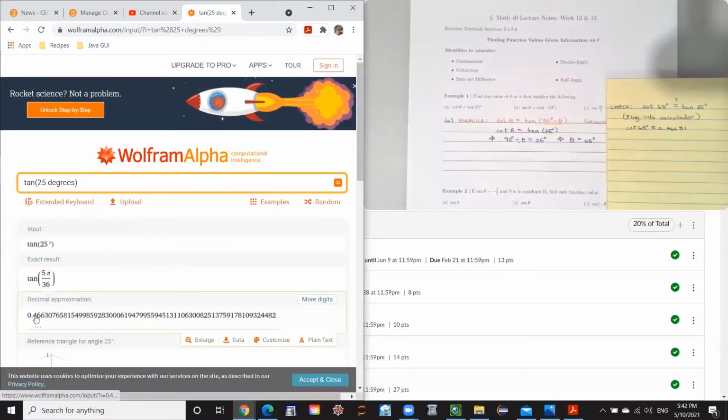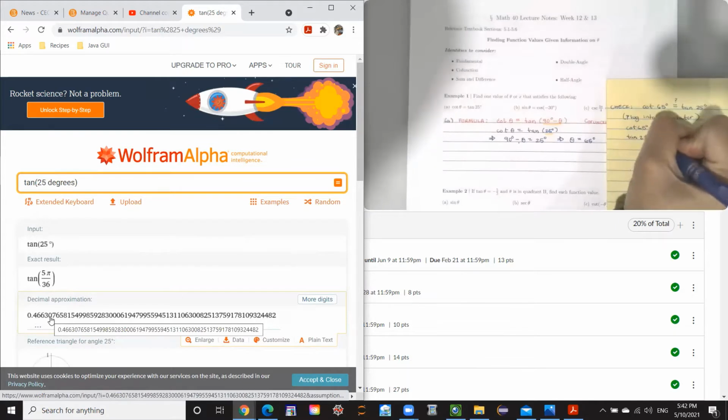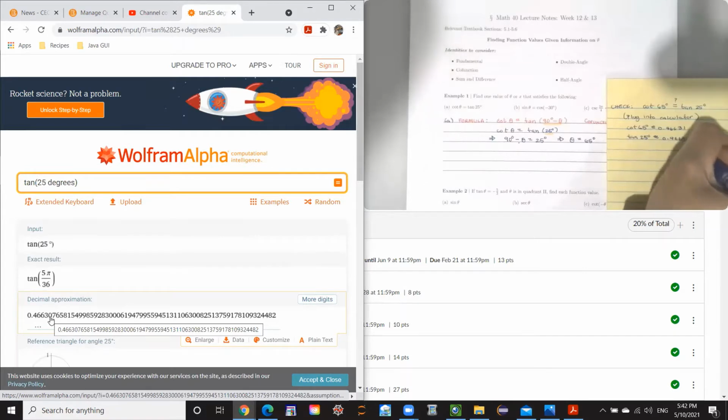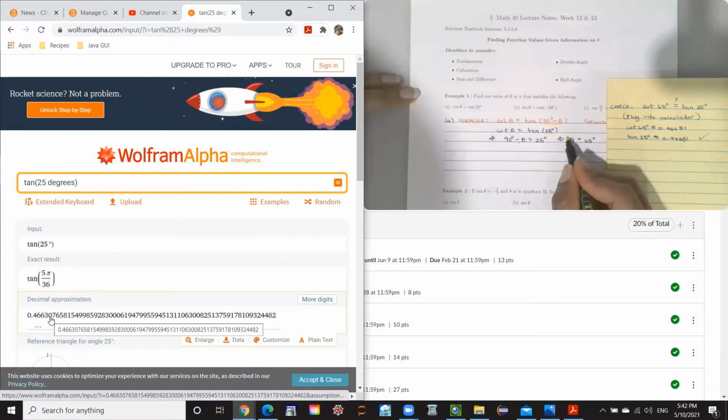Tangent of 25 degrees is again approximately 0.46631. So yeah, that means we got the correct answer. That checks out. That means that theta equals 65 degrees is correct.